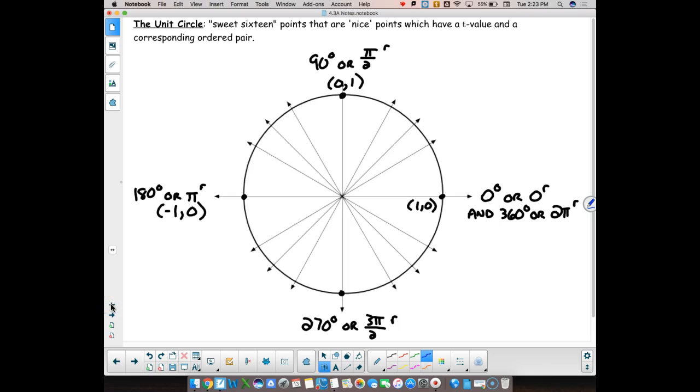Now, let me go back to my unit circle. One of the things that I taught my family a while ago was somebody had asked me about 25%. They're like, well, what's 25% of this? And I said, well, 25% is half of half.